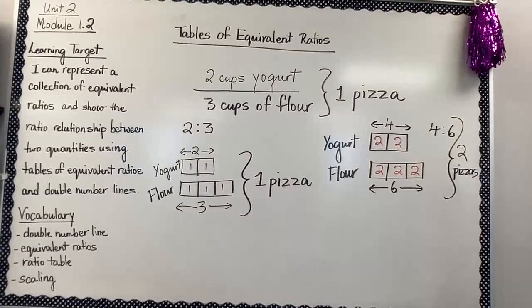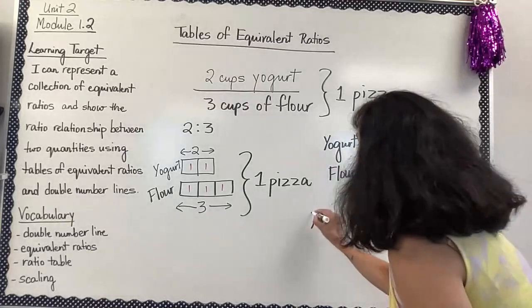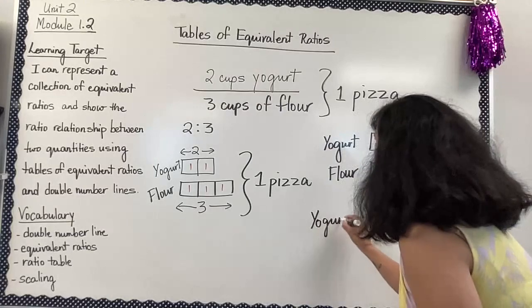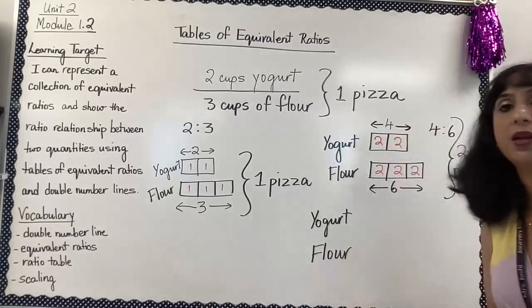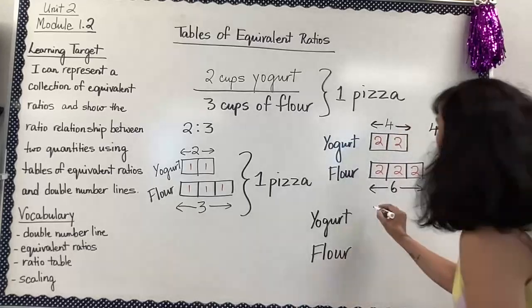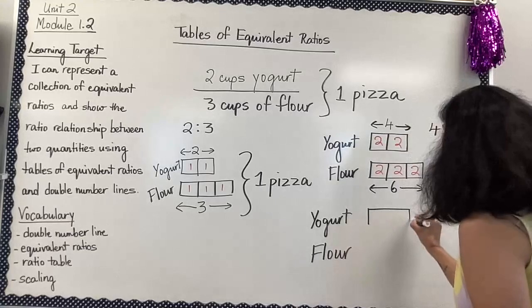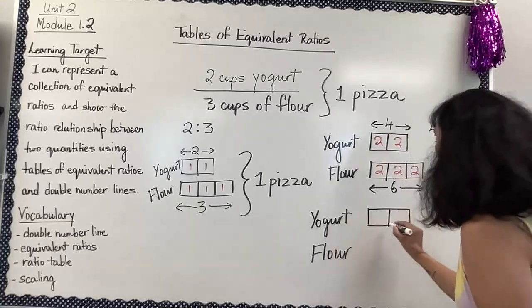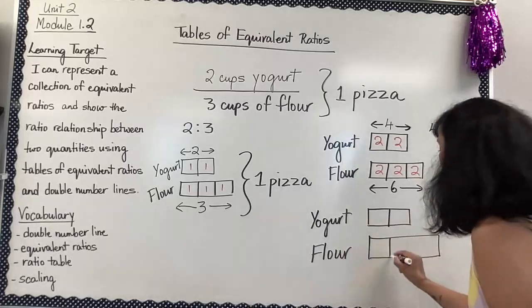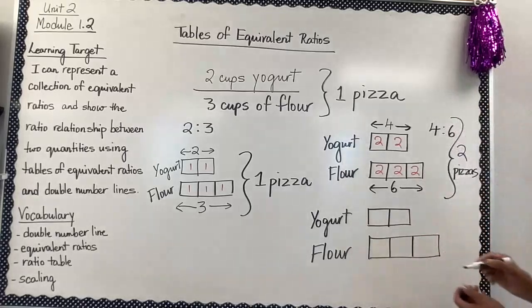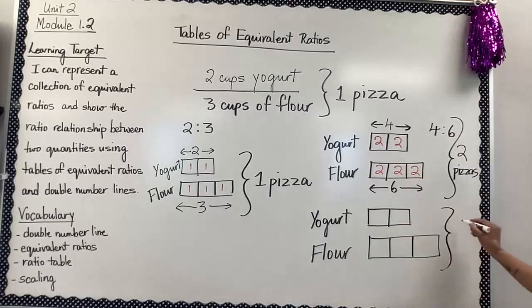All right. Then let's look at what happens if I need 3 pizzas. Okay, for 3, again, I'm going to take the yogurt, we take the flour, and I'm going to put the same equivalent 2 to 3, that's what it was earlier, right? And now this is for 3 pizzas.